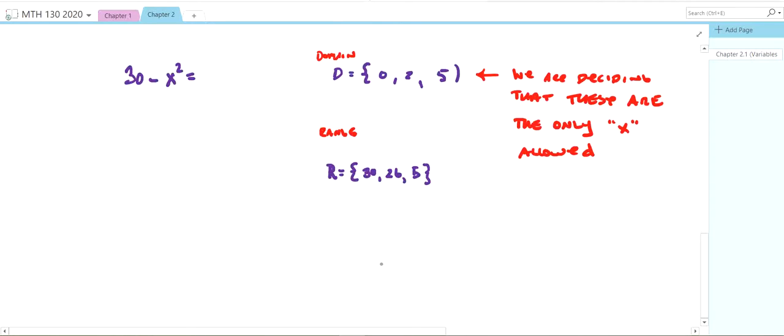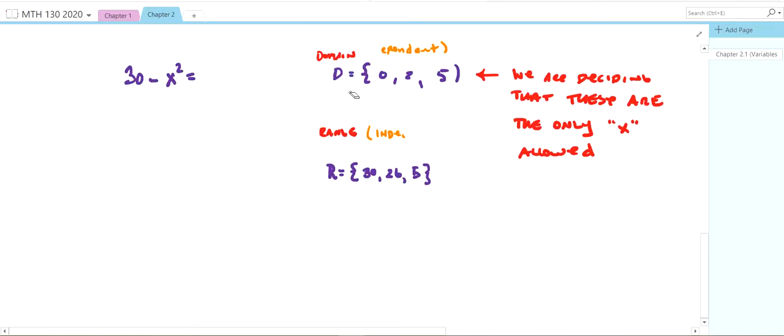So the range is, sometimes we'll say, made up of our dependent variable, and then this is independent. No, I got that backwards.